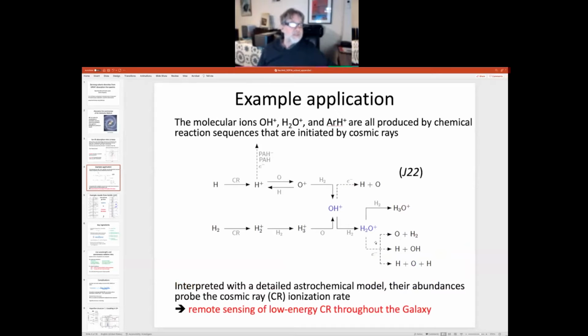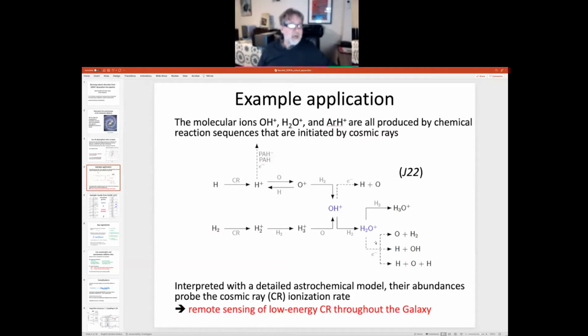And this involves some of the hydride molecular ions I had on the last slide: OH+, H2O+, and ArH+. Ar is argon, and this is the argonium ion. And all three of these are produced by chemical reaction sequences in the interstellar gas that are initiated by cosmic rays.